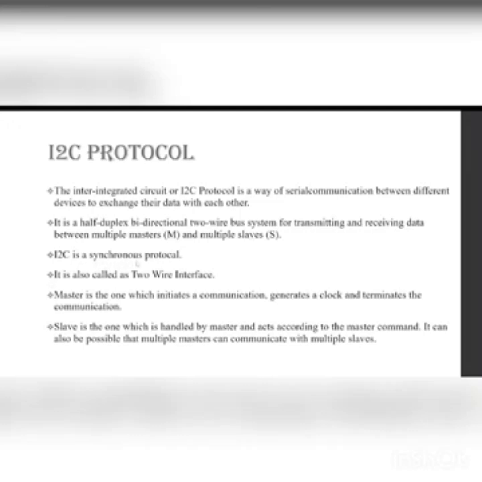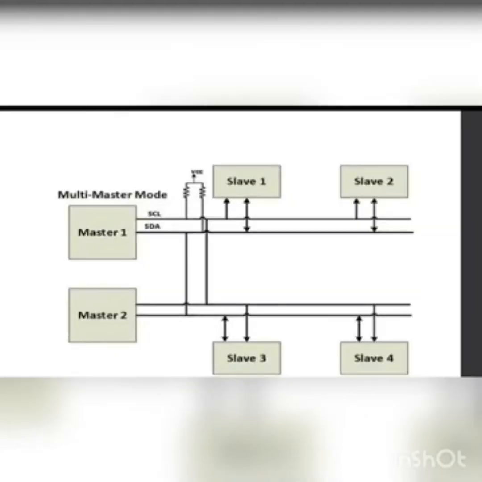I2C is a synchronous protocol, so it is also called a two-wire interface. Master is the one which initiates a communication, generates a clock and terminates the communication. Slave is the one which is handled by the master and acts according to the master command.